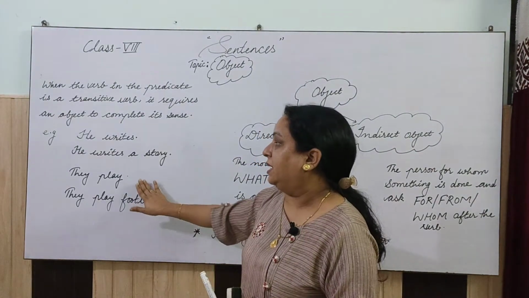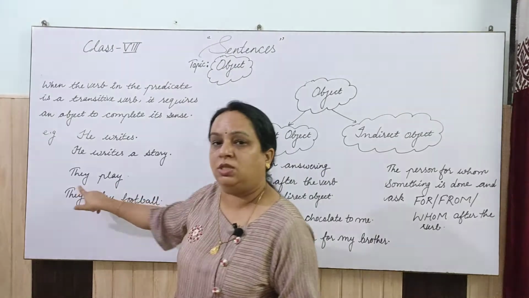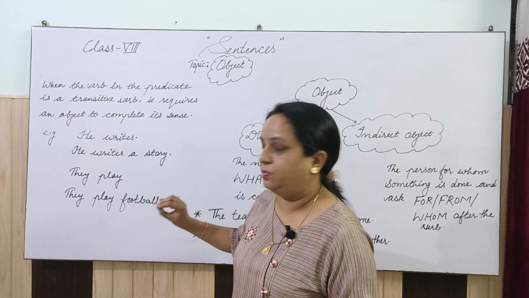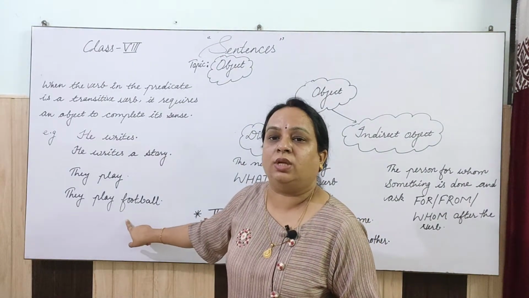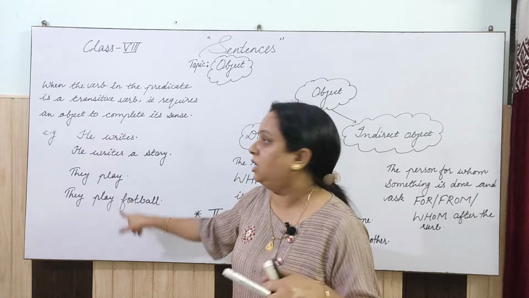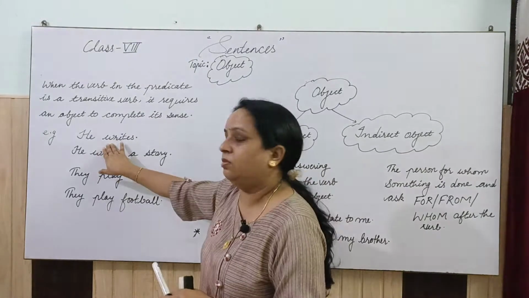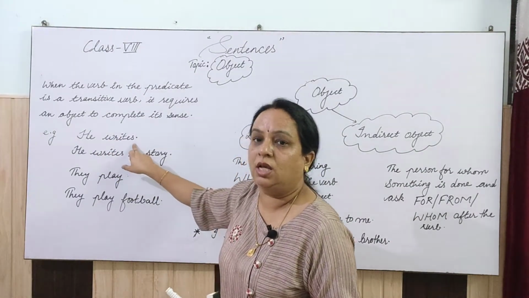Okay. Second example, they play. This is the subject, this is the verb, right? This is a sentence but it does not have an object. They play football. This is a sentence where there is a transitive verb. As in the definition, the verb in he writes is an intransitive verb, because it does not have an object.